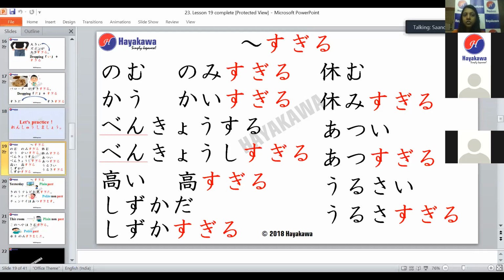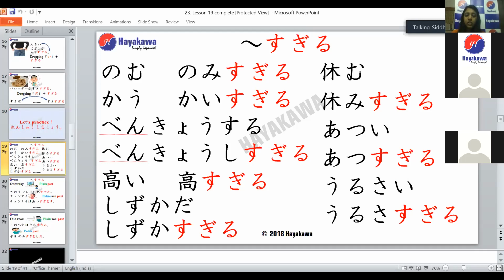So we have nomu, nomi sugiru. Kau, kai sugiru. Benkyosuru, benkyoshi sugiru. Takai, taka sugiru.